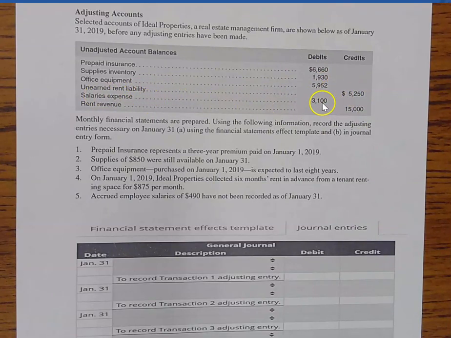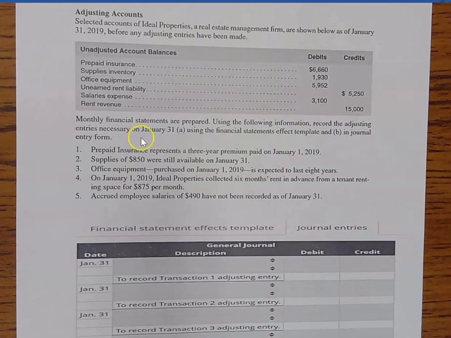An expense account, we won't necessarily need that figure, we're just going to add to it, I think. Expenses have a normal debit balance, and then rent revenue, again we're just going to add to this, and that does have a normal credit balance. So do pay attention to the left and the right of all this.